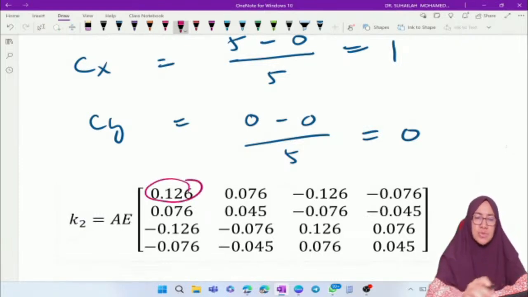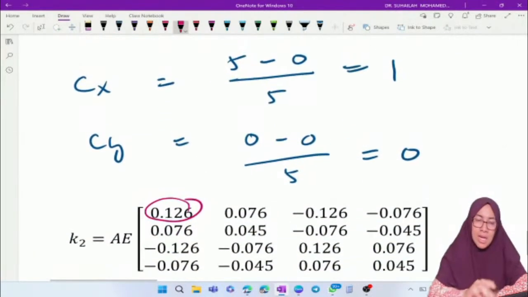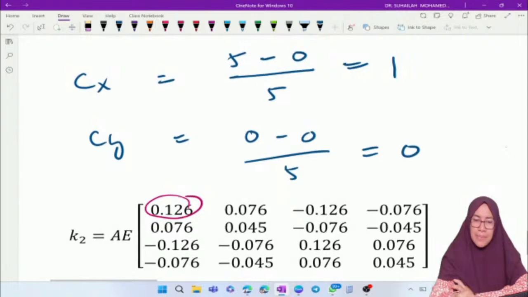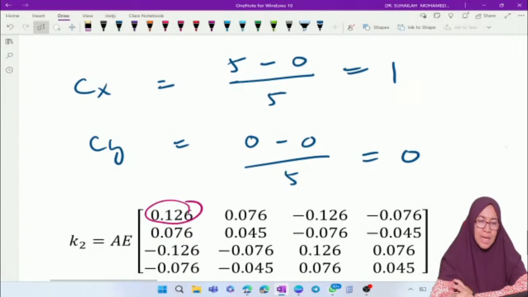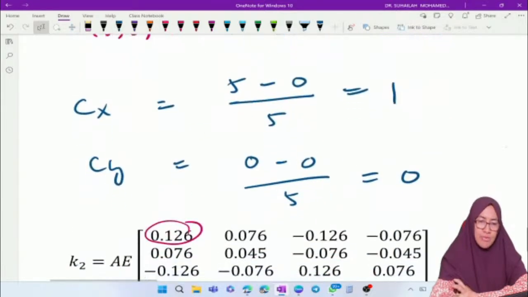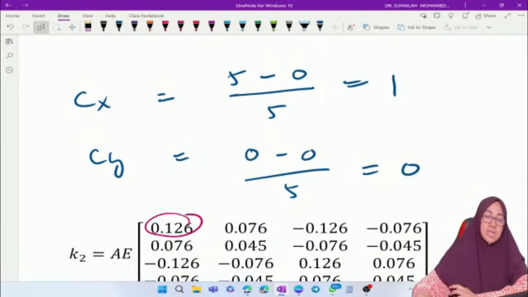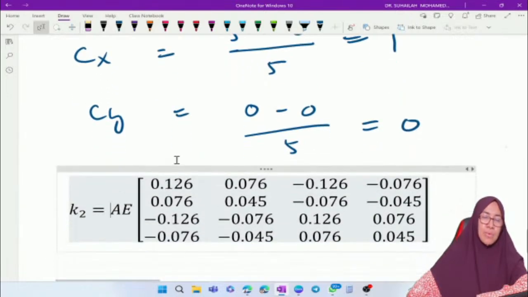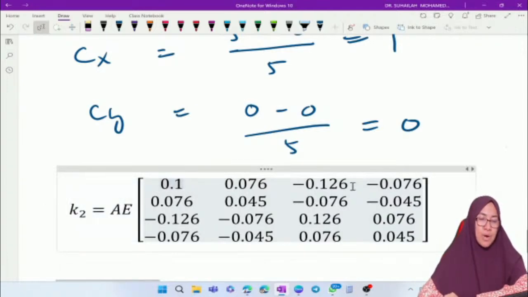Cx square means 1 square. And we have to divide by the original L here, right? So 1 divided by L. L is 5. 1 divided by 5, it is 0.2. So this is 0.2.